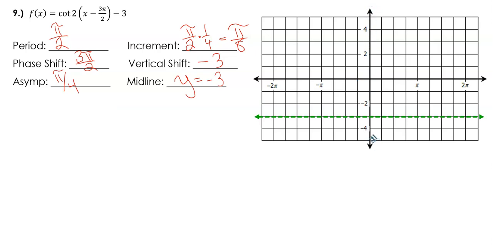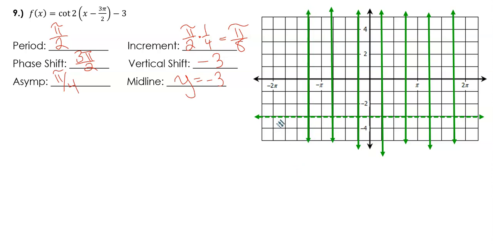Now, I have a phase shift of 3 pi over 2, so instead of starting on the 0, I'm going to start at 3 pi over 2. So this is my first asymptote. Then from here, I'm going to go the length of one period to graph the next one, which is here because it's pi over 2. So each line is pi over 4, and 2 of them are going to give me pi over 2. So here are my asymptotes, and I'm just going to grab a couple more. I'm not going to do them all.